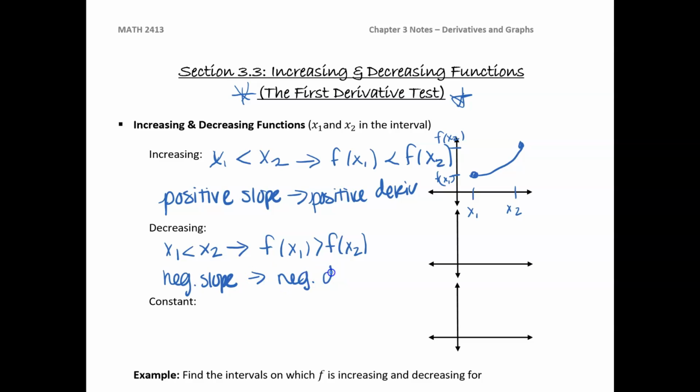Therefore, calculus-wise, we're talking about a negative derivative. You can't forget everything that we did with derivatives because it's still coming into play here. So if I had x1 and x2, this would be your f of x1, and this would be your f of x2, just as you're going left to right, that function is going downward.